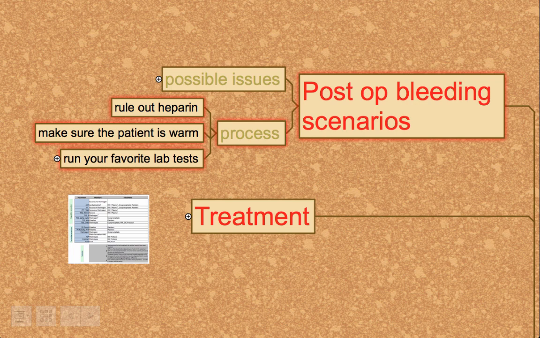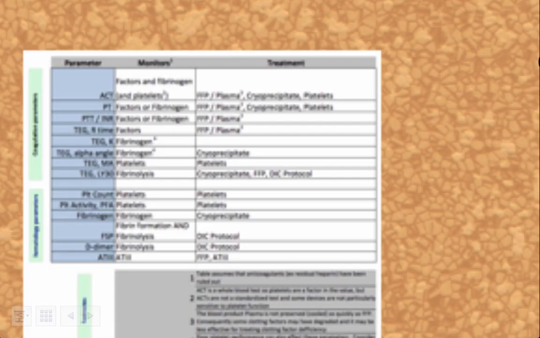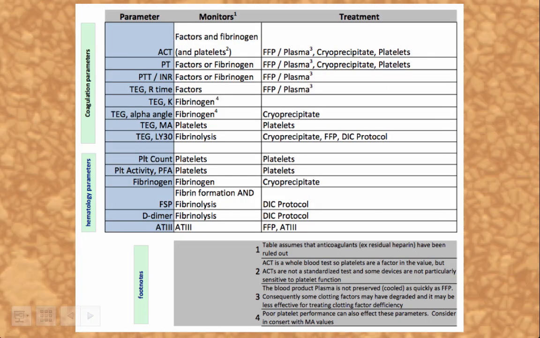The straightforward process for diagnosing your patient's bleeding condition probably takes these kinds of steps. You have to rule out residual heparin, you have to make sure the patient is warm, and then you'll run a battery of tests. I've included in this presentation a table which identifies the laboratory and point-of-care tests that we've talked about.